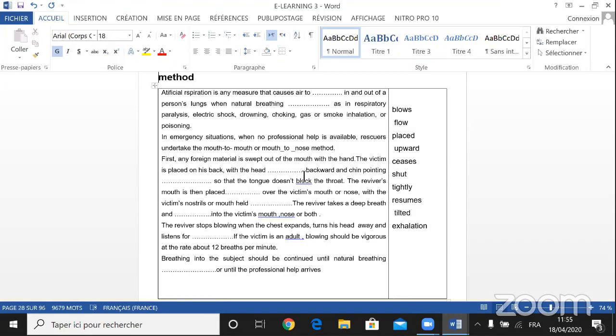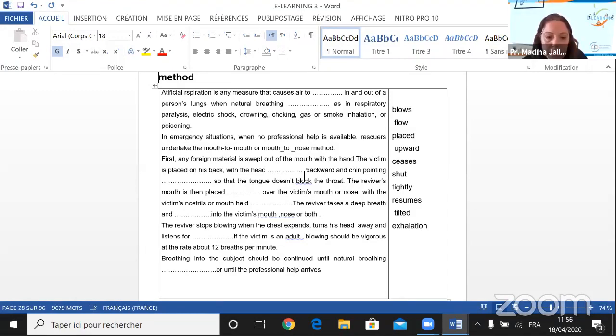The reviver takes a deep breath and blows into the victim's mouth, nose, or both. The reviver stops blowing when the chest expands. That's another verb, expands, because earlier we used arises, the chest arises or expands. Turns his head away and listens for exhalation.